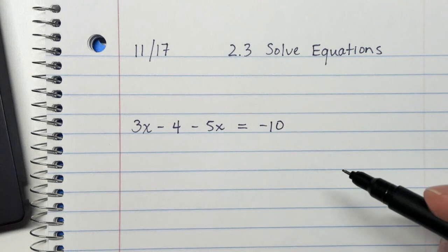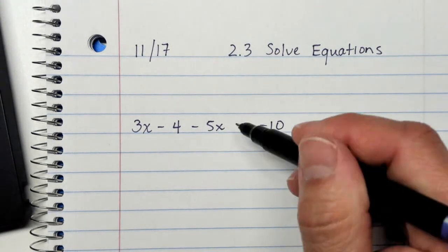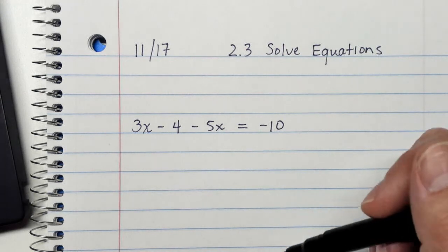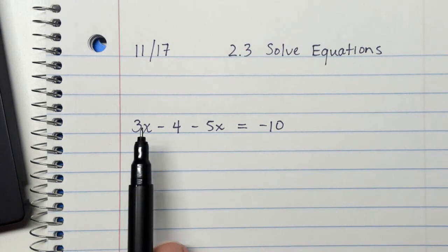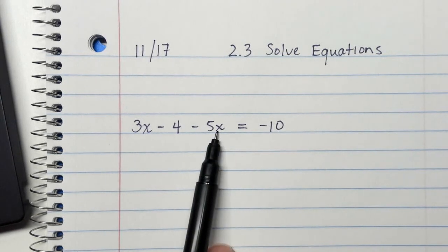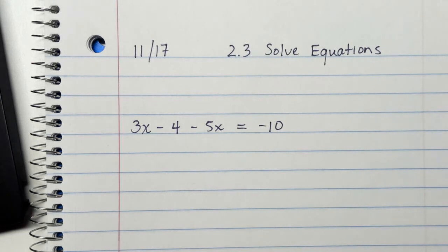Hopefully, by now you understand that for all equations, the goal is to figure out what number this is. So what number could we put here and here so that if we did this, we'd end up with -10.